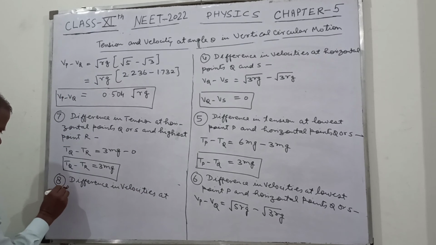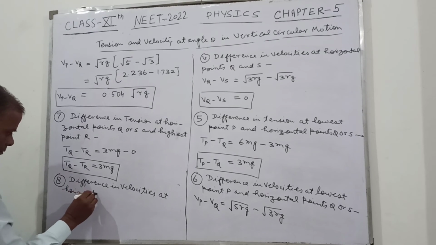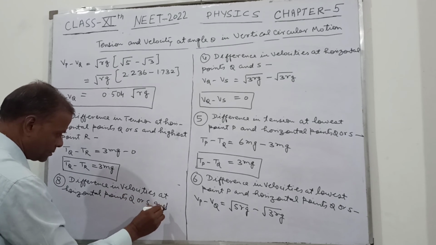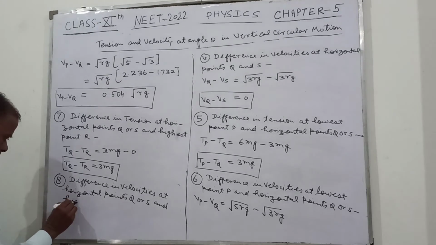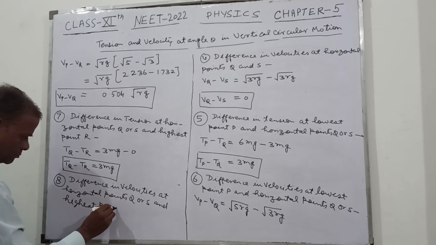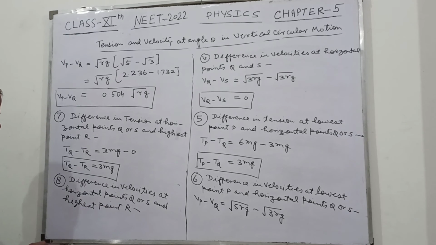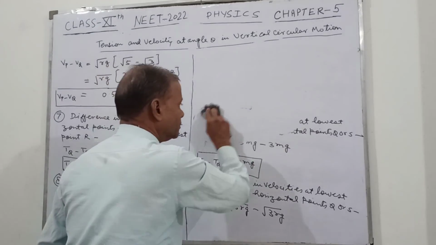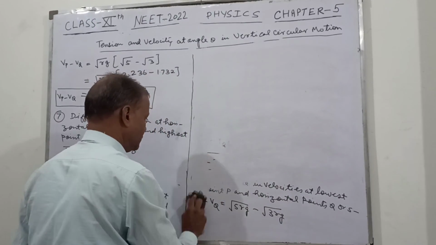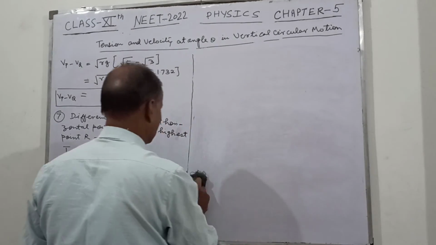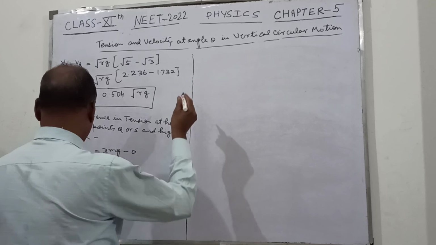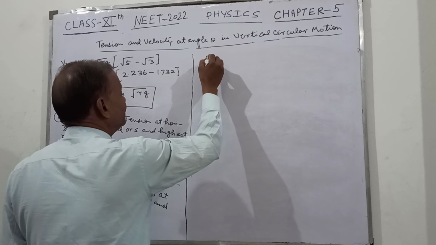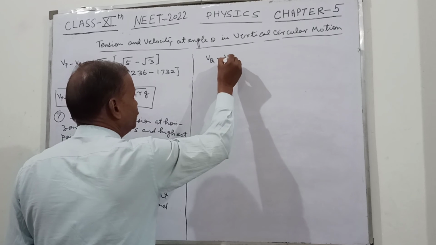If you find the difference in velocities at horizontal points Q or S and highest point R, then this will be your difference in velocities, VQ minus VR.